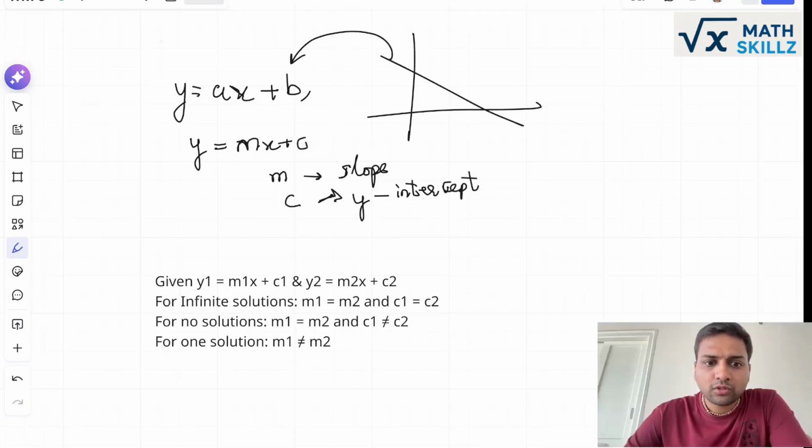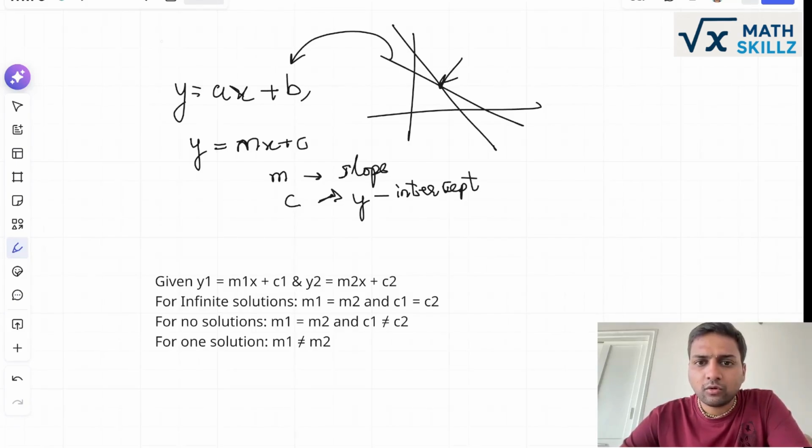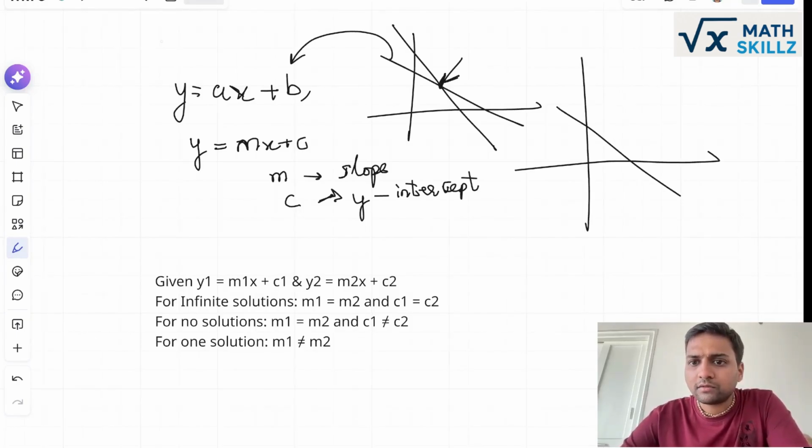If two equations have to be solved, I have one equation and another equation, and these two coincide at this point. This is the solution of the two equations. It means there is one point where they coincide. This is called a single solution for two equations. But if I have two lines which are parallel, it means there is no solution.